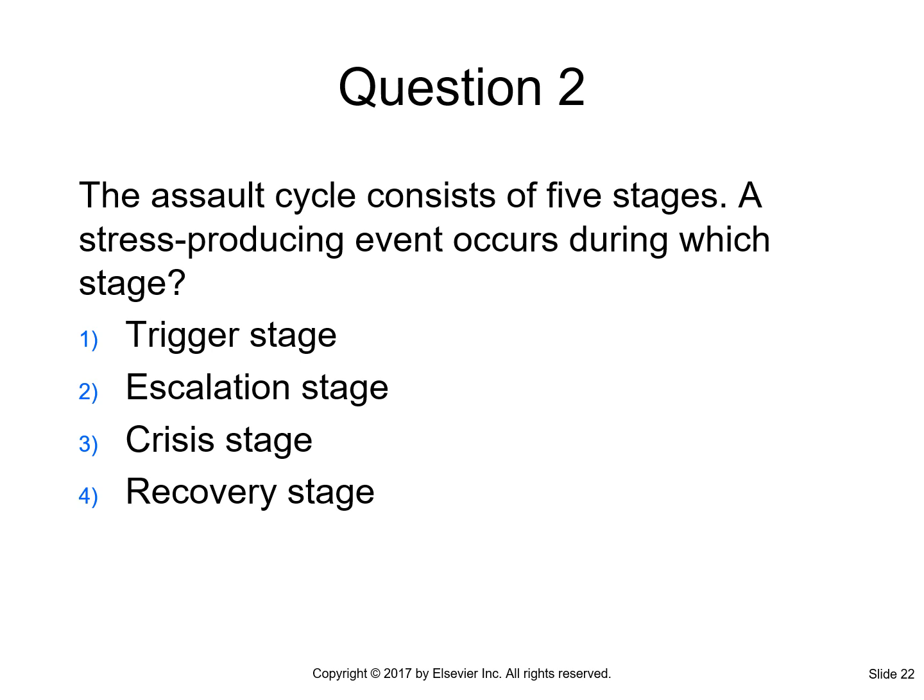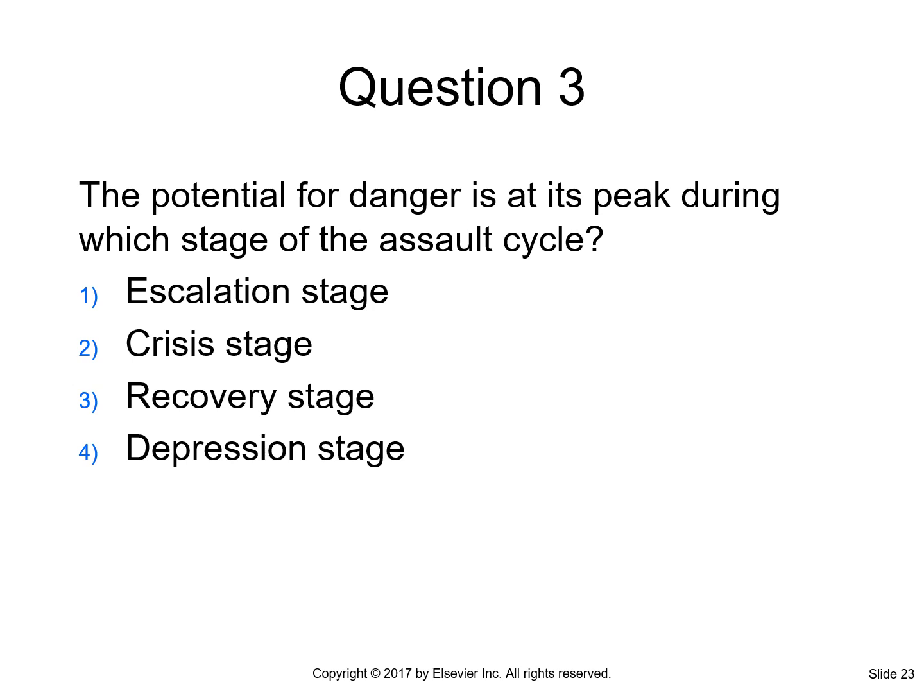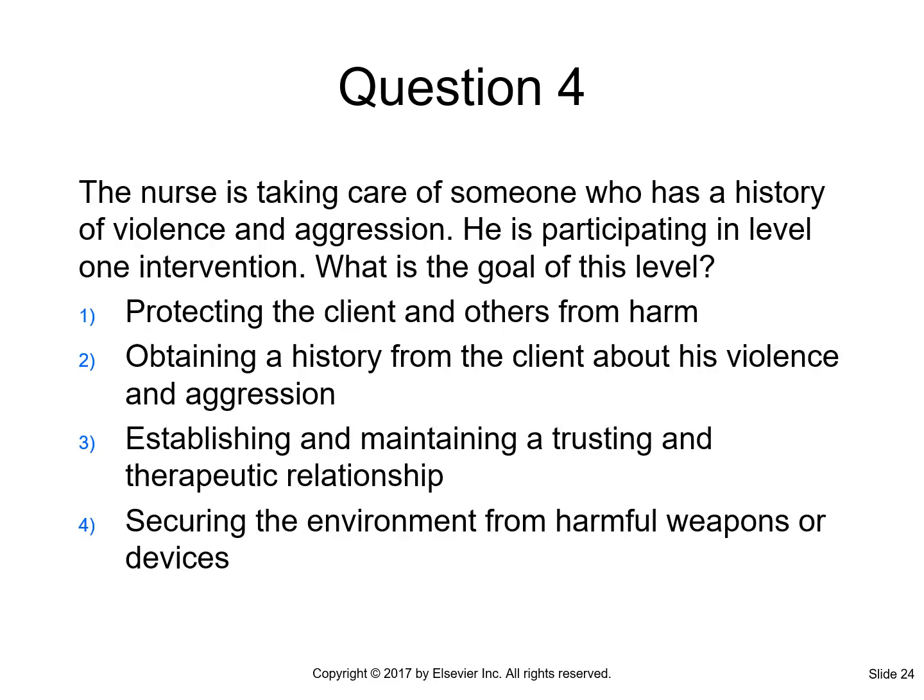A stress-producing event occurs during which stage? Answer is 1. Trigger stage. The potential for danger is at its peak during which stage of the assault cycle? Answer is 2. Crisis stage.